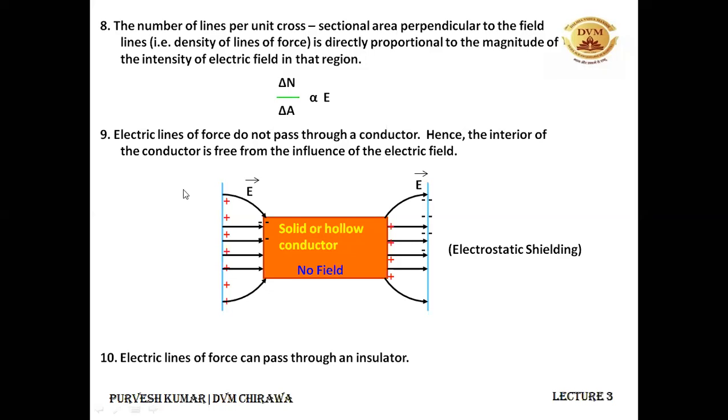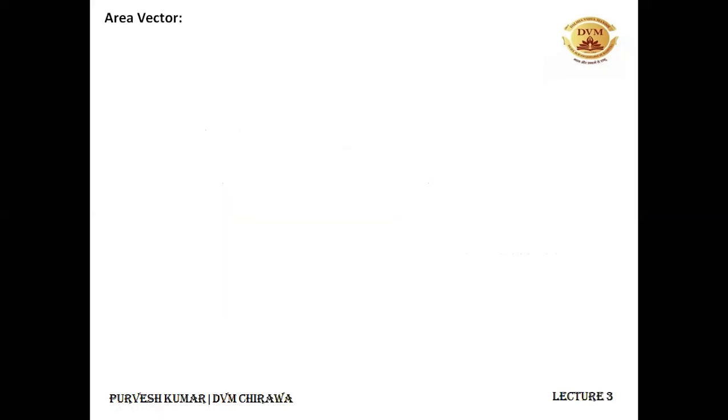Now, moving towards another thing, you must have learned that area is a scalar quantity, but sometimes we take area as a vector. The next topic is all about how and when we take area as a vector, and that's why the topic itself says area vector.